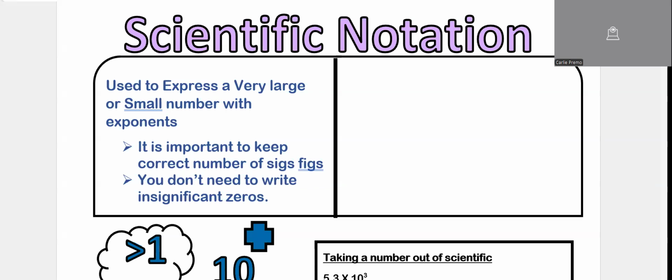Before we get into recording sig figs, or putting numbers into or out of scientific notation, we're going to break down the general format. So any scientific notation number should have a digit, a decimal, and then depending on the number you have, the remaining numbers. So we would have our decimal point here after the first non-zero digit.